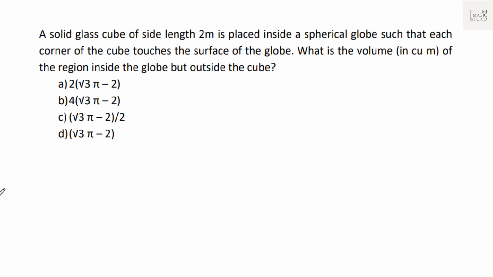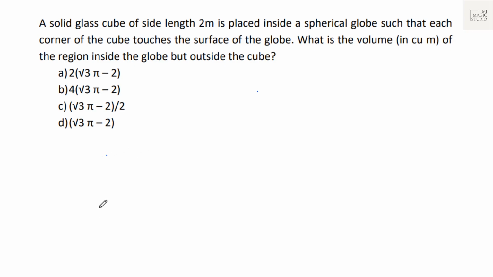So, show me your interest in 3D now. Okay, the classical take on 3D. A solid glass cube of side 2 meter is placed inside a spherical globe such that each corner of the cube touches the surface of the globe.